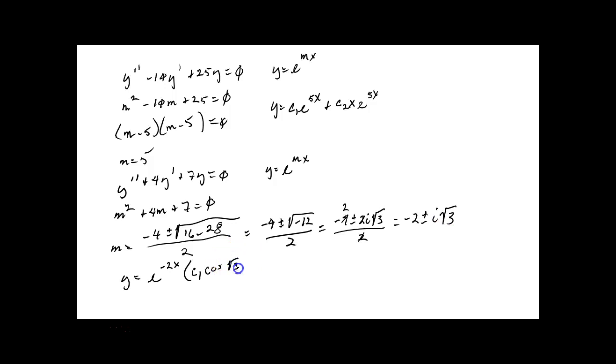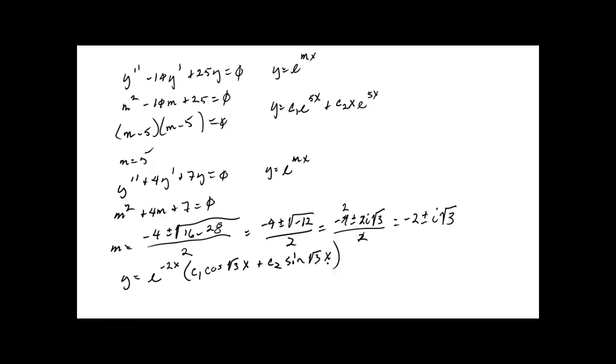So the square root of 3 times x, plus C2 times, what usually goes along with cosines? Sine of beta x, which is square root of 3 x.